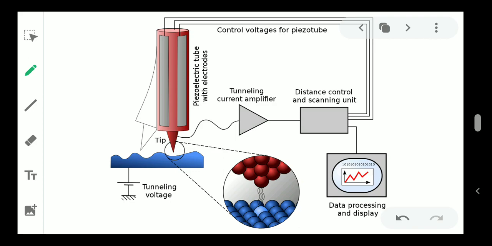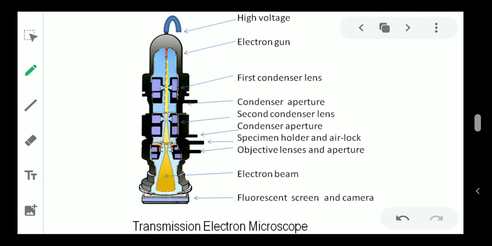This uses some quantum effects that you will study later on. One more thing is the electron microscope, which is used for taking pictures of molecules, even some viruses and particles. These basically work on the principle of diffraction.